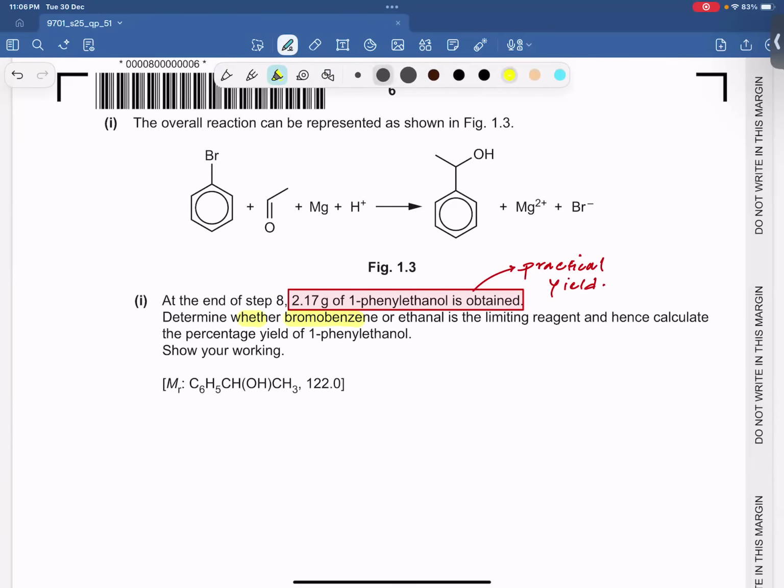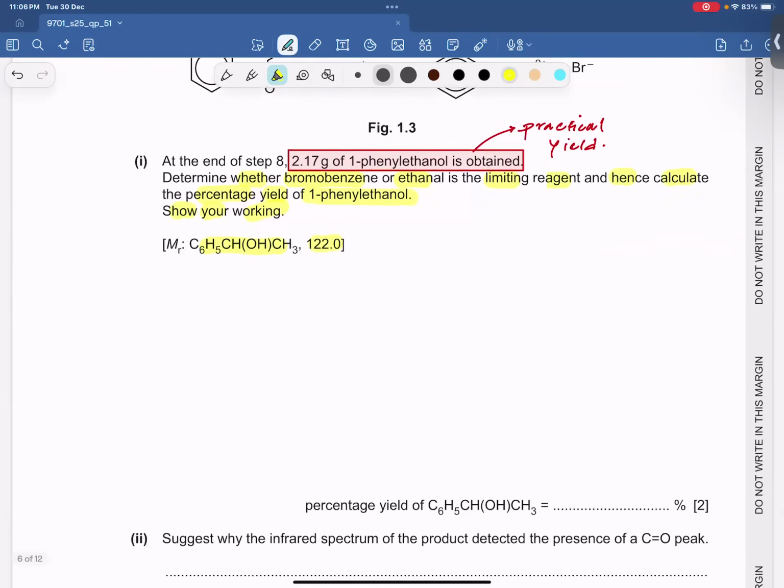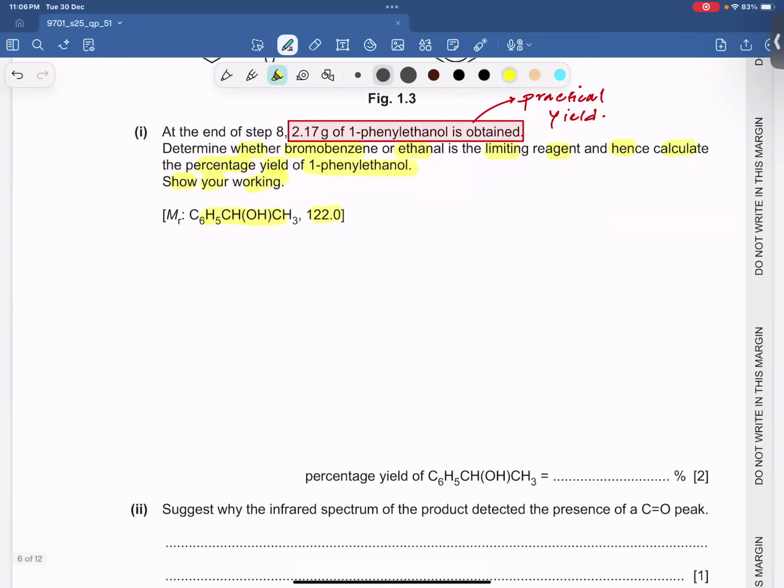Determine whether bromobenzene or ethanol is the limiting reagent, and hence calculate the percentage yield of 1-phenylethanol. Show your working. MR of 1-phenylethanol is given. Oh my goodness, that's a lot. Okay. Let's talk about ethanol first.